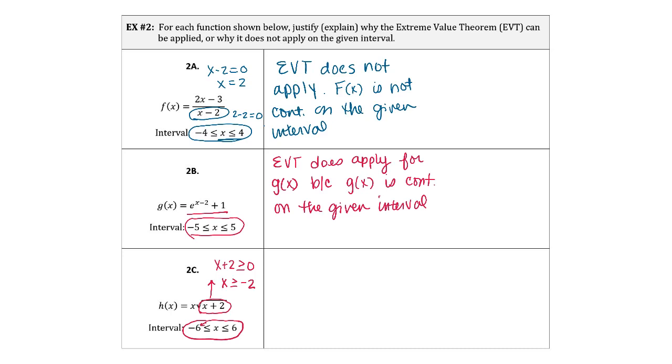You can consider -6, -5, -4, -3. All of those are smaller than -2. So for this example, our extreme value theorem does not apply to h of x, because h of x is not continuous on the given interval.